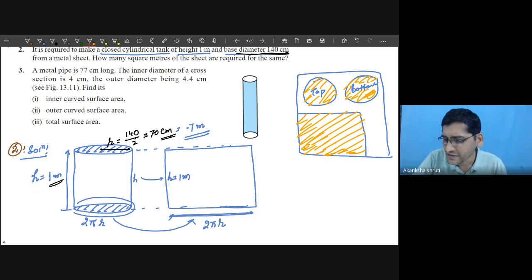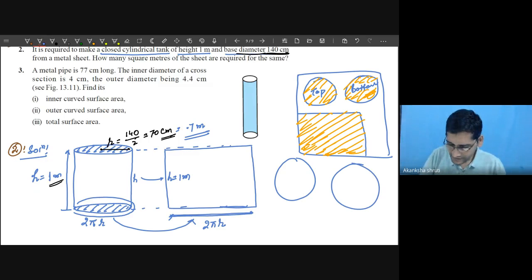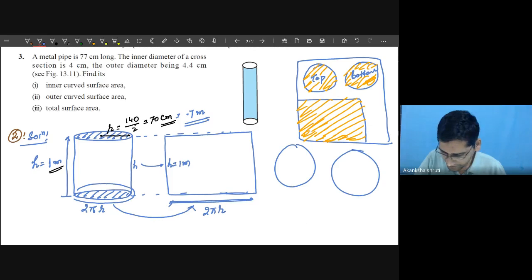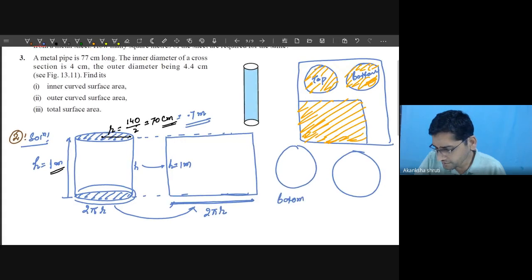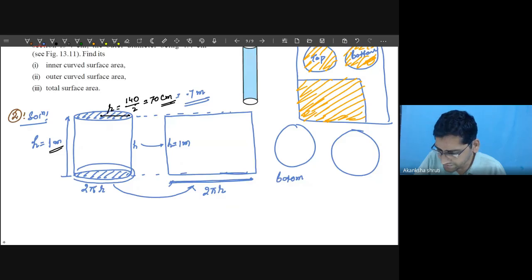Are you getting? Questions are very simple. So we shall draw 2 more circles. This is for the bottom surface area, this is for the top surface area. But how to calculate this surface area?